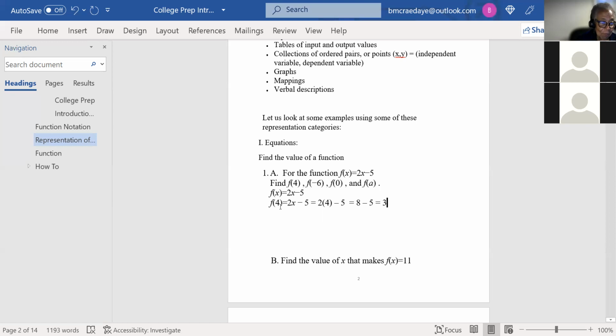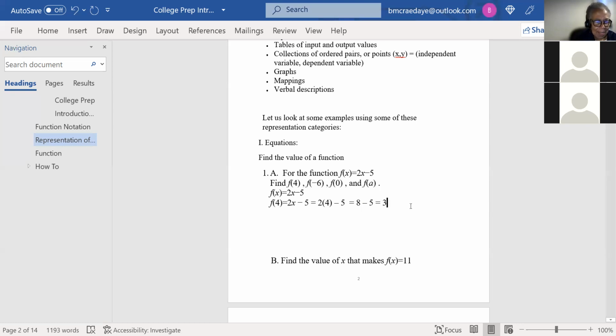If I say f of 4, Chastity, I put my 4 here for my x, right? And I have my 2 multiplied by x. So instead of x, I put my 4, 2 times 4. Then minus 5, 2 times 4 is 8. 8 minus 5 equals 3. You follow? Yes. Yeah, just substitute. You remember we substituted for the variable before, but we didn't call it a function. Okay.